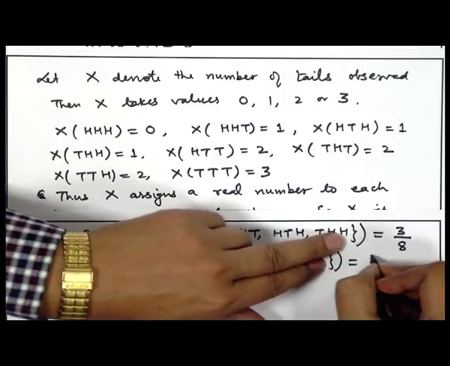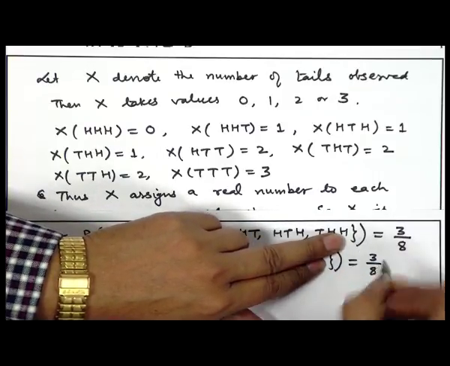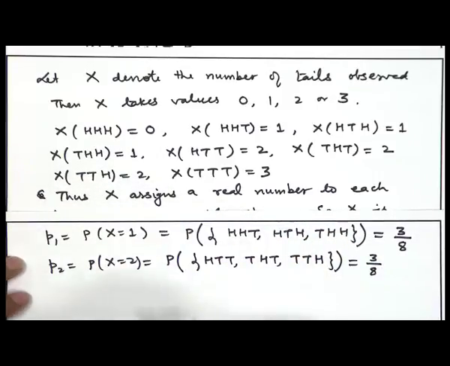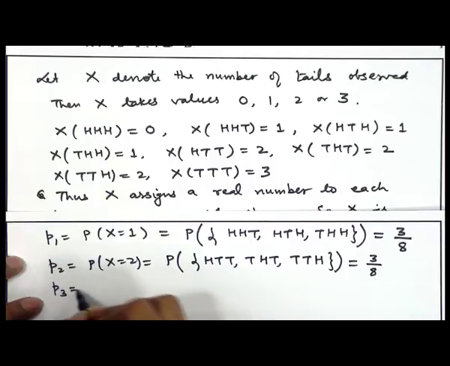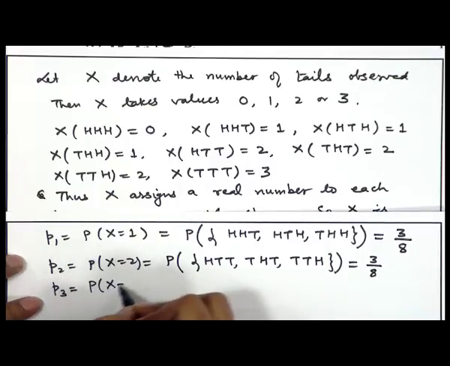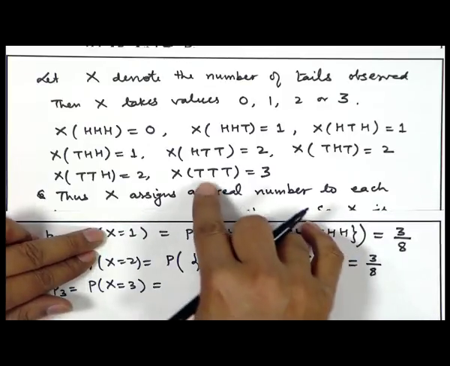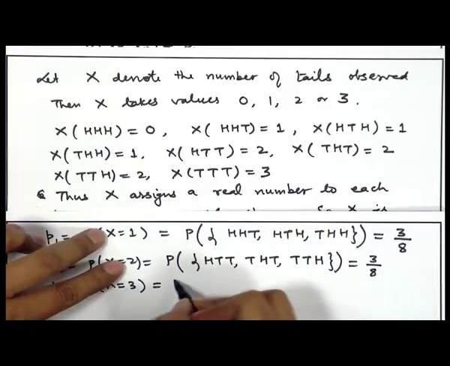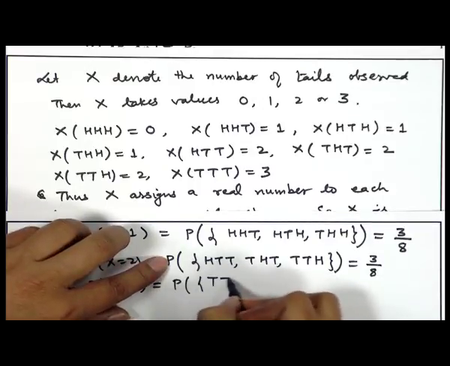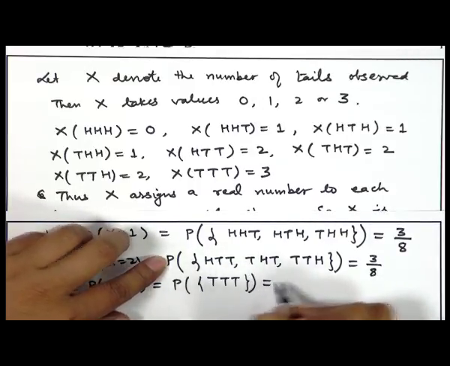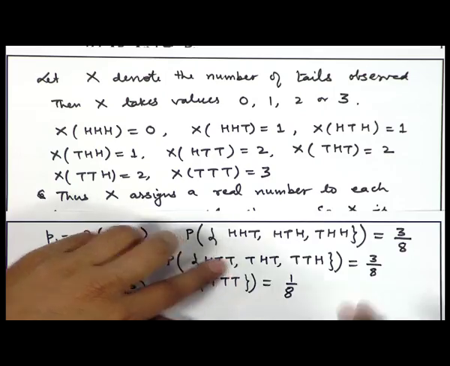Again you can see that this probability is equal to 3 by 8. Similarly, you can see P3, that is the probability x is equal to 3. So, x is equal to 3 when all the 3 tails are there. So, it is the probability of TTT, that is 1 by 8.